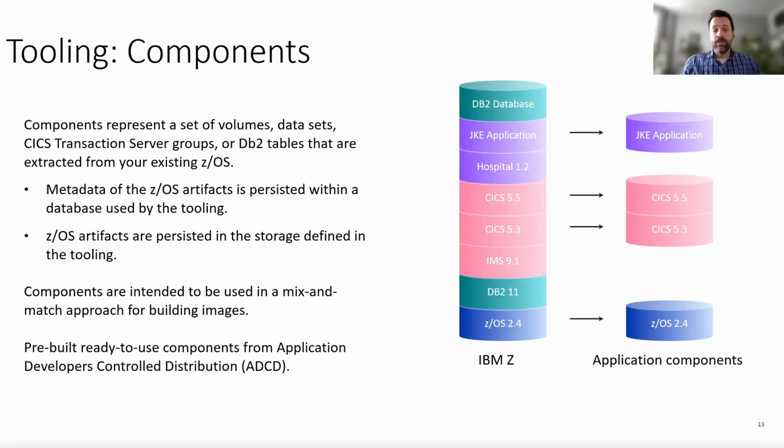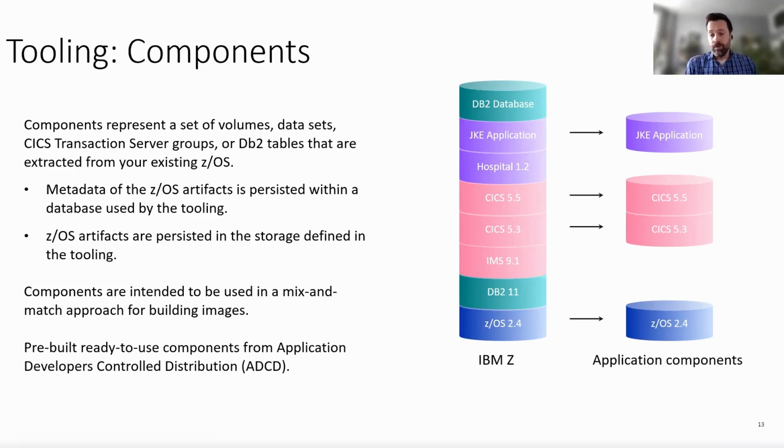So yeah, today within ZD&T, we have the concept of 4 different component types, for ZD&T and ZVDT. Those 4 are volumes. So you could have a component that is a set of volumes. You could have a component that's a set of data sets.